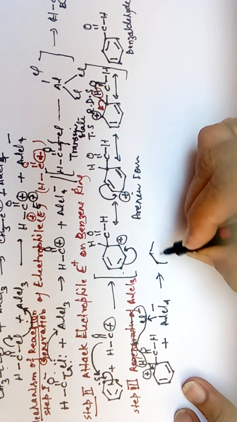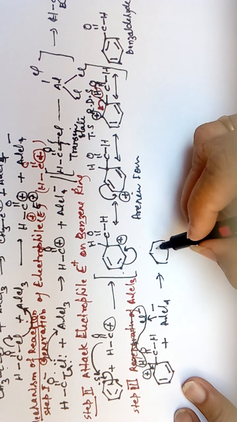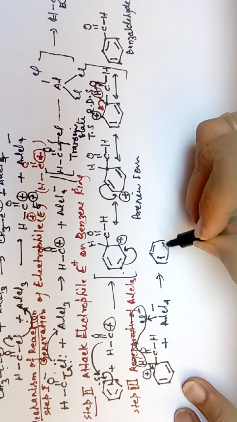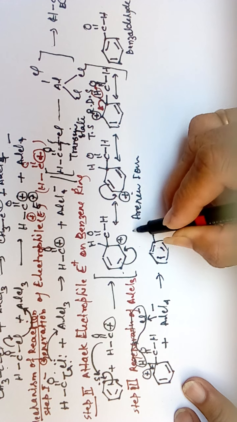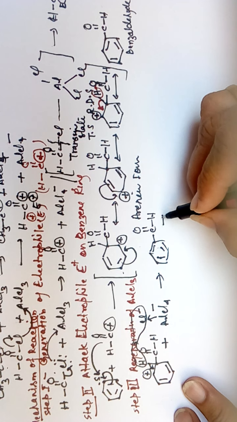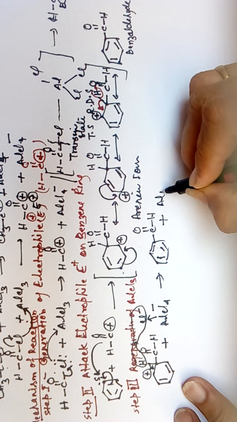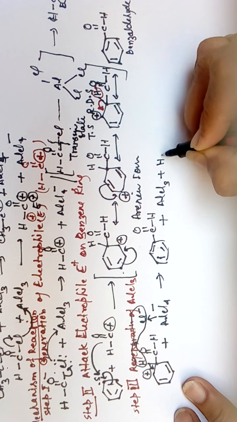And what will happen here? CHO is formed here and AlCl3 is also formed here and HCl is also released out.